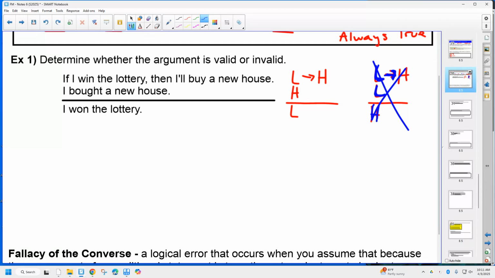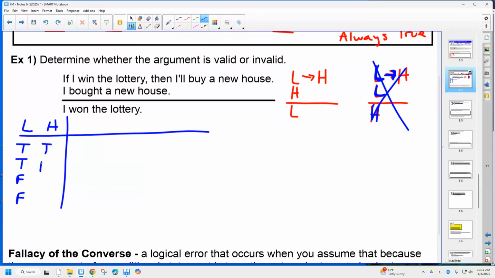The only way we know right now is to make that truth table. So here's what you have to do. We've got two components. We should know by now how to set up a truth table. True, true, false, false. True, false, true, false.